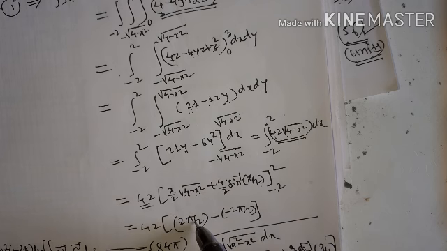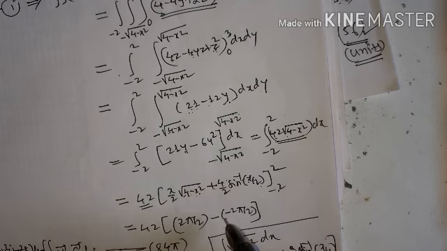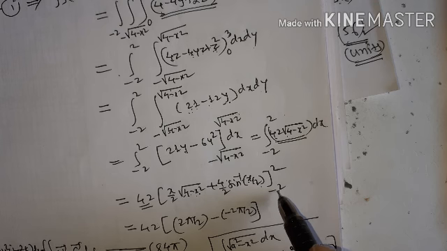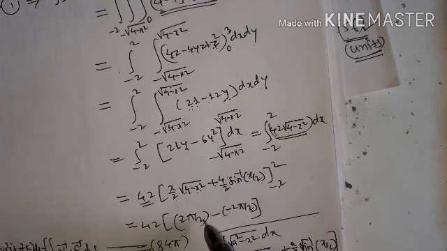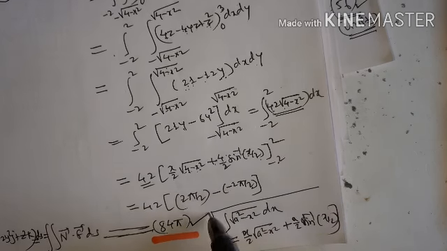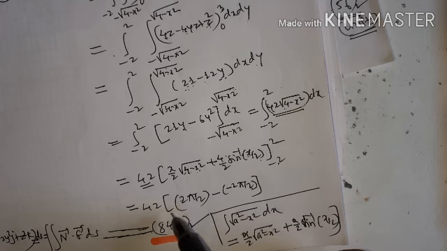So 2 into pi by 2 for the upper limit. Minus lower limit, you will get similar, but here sine inverse of minus 1 you will get. So minus 2 into pi by 2. So minus minus plus, and we get the answer as 2 into pi by 2, 2 times.